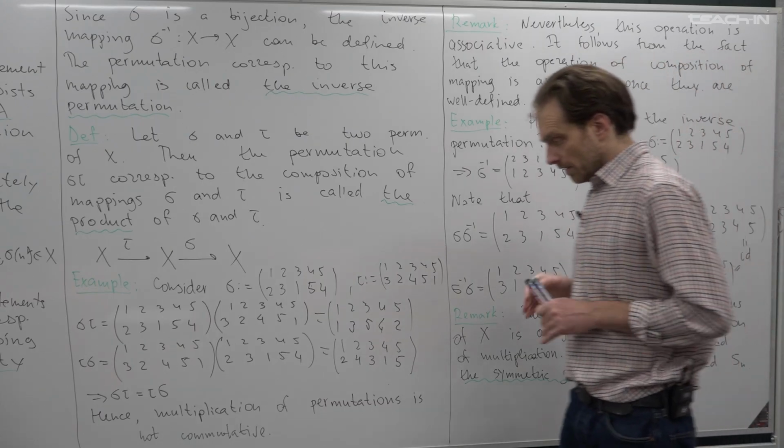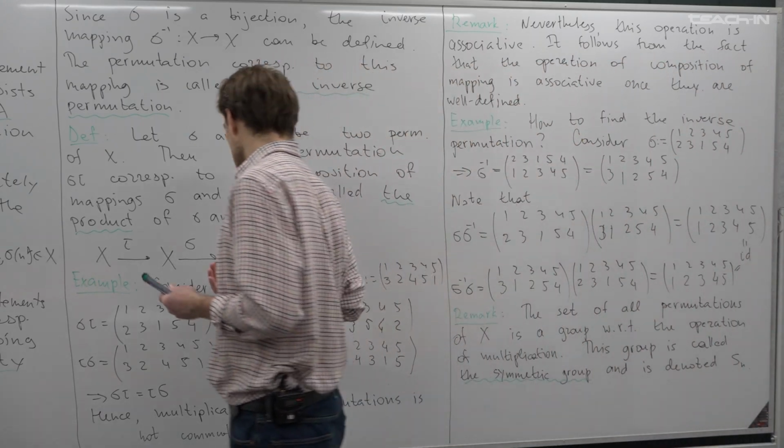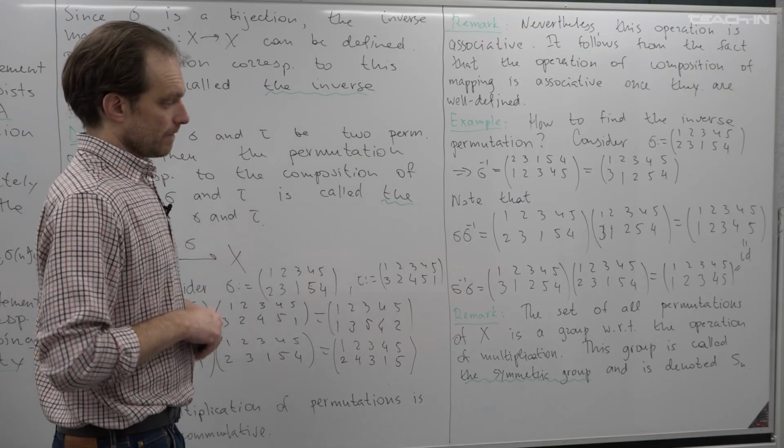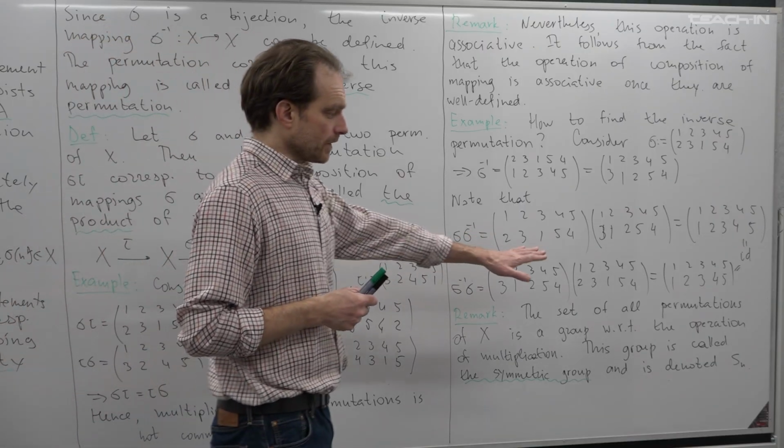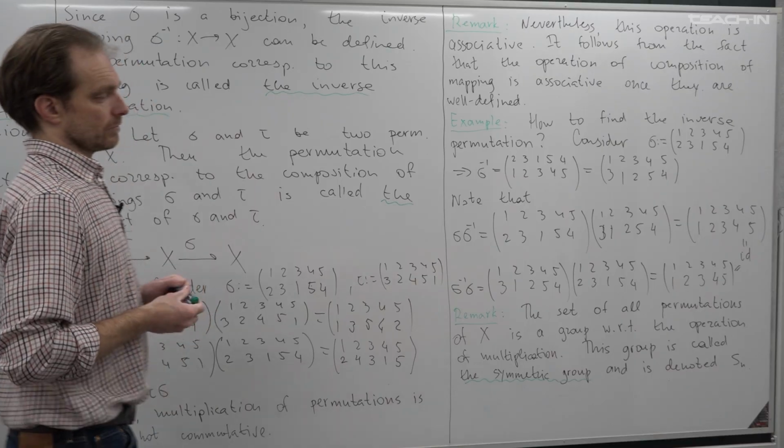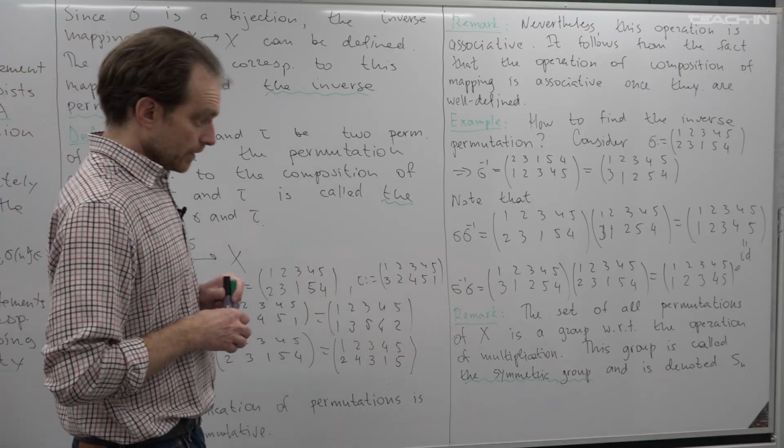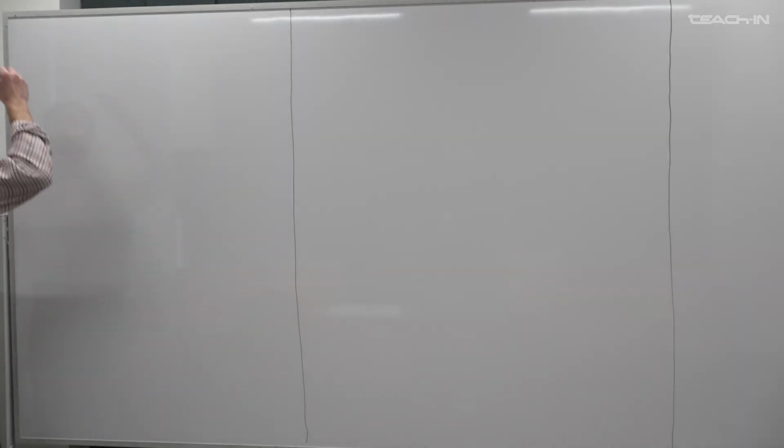Those who do not know what a group is can just think of this as a notation for the set of all permutations of n elements.